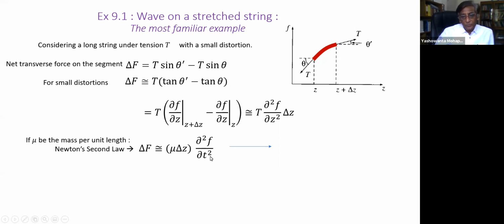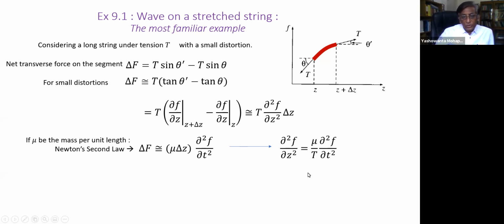So I have delta f in terms of del square f by del z square, and I got delta f in terms of del square f by del t square. Mu into delta z, delta z and delta z cancel, and hence del square f by del z square is equal to mu by t, coming from here, mu by t del square f by del t square. Mu is mass per unit length, t is the tension.